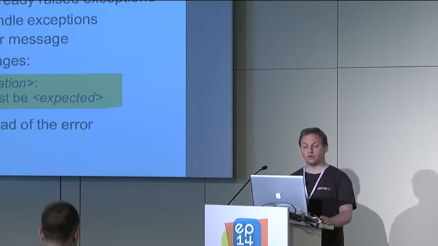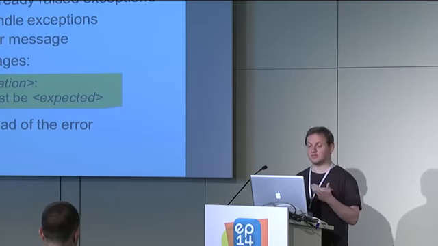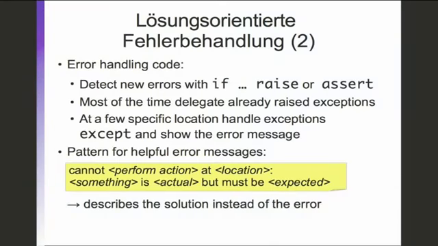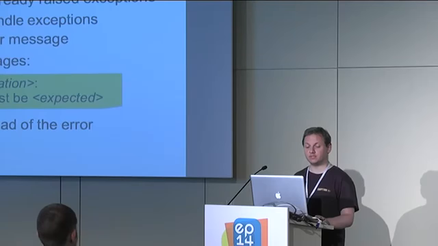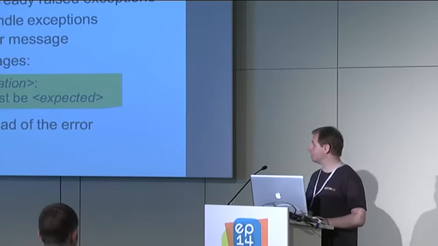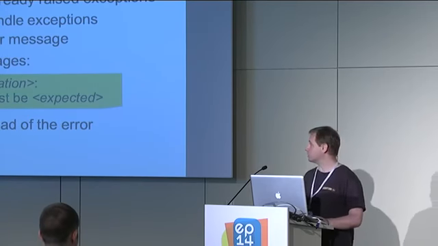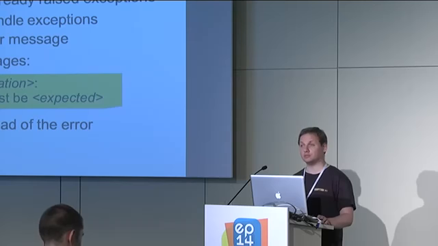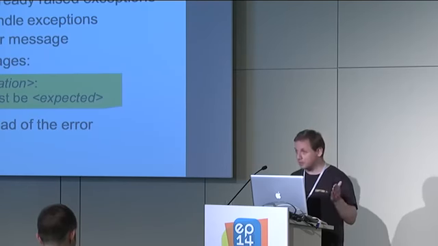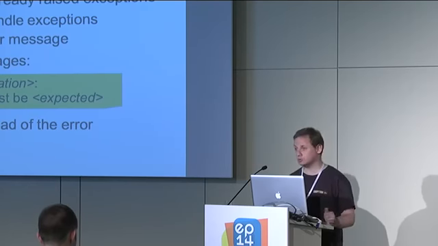So error handling code basically consists of detecting a couple of conditions that indicate errors, and raising and asserting them. Most of the time just delegate the exceptions, and at a few specific locations catch them with except. And the pattern for helpful error messages is: cannot perform action at location, something is actual but must be expected, which automatically describes the solution to the error.